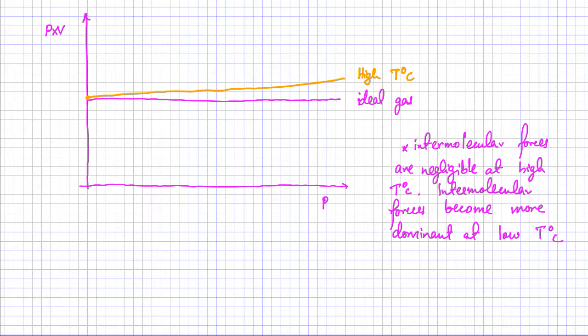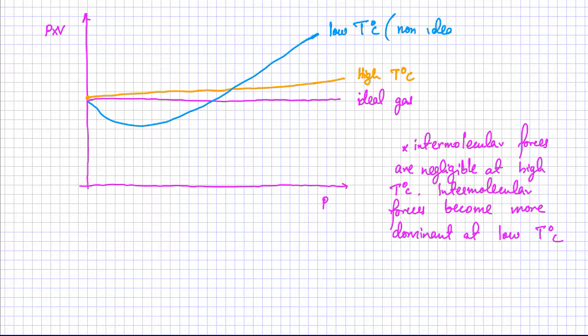But at low temperatures, intermolecular forces become more dominant, and when they become more dominant, the gas would start behaving non-ideally, and the graph would look something like this. So at low temperatures, the behavior would become more non-ideal. This would be close to a non-ideal behavior. So at low temperatures, intermolecular forces become more dominant, and the shape of the graph would start to deviate.